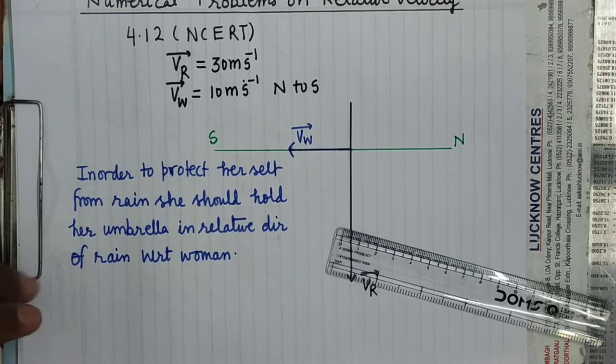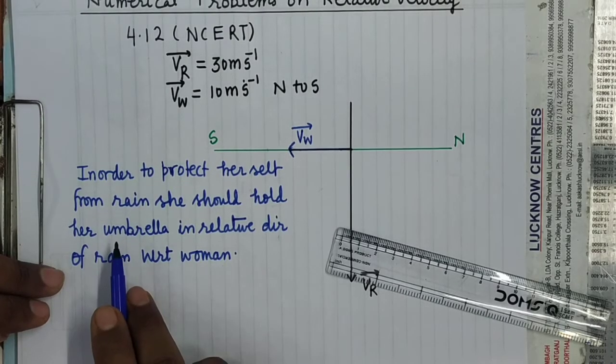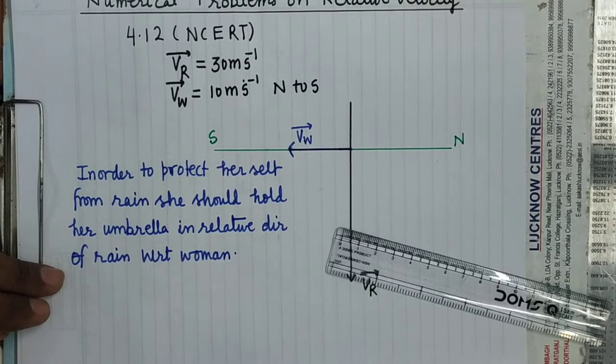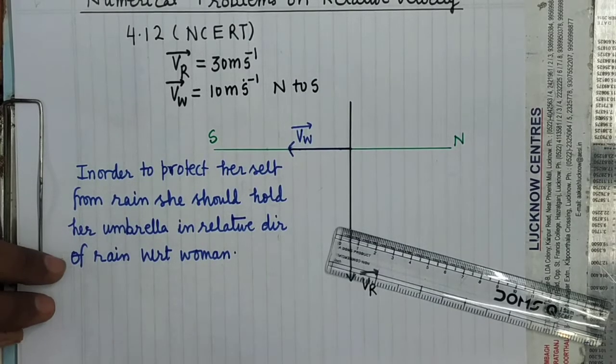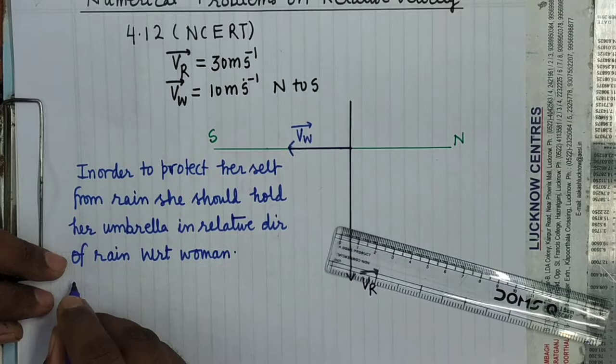So see here, we have to find here relative velocity of rain. We are finding with respect to woman, so we will add negative velocity vector of woman.